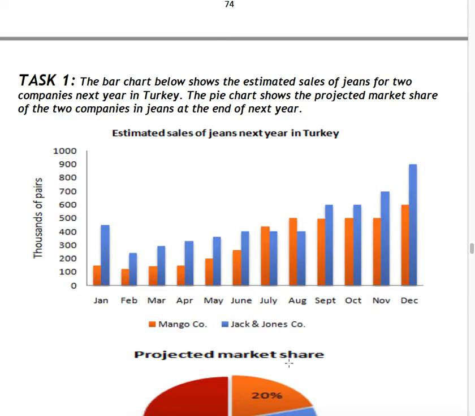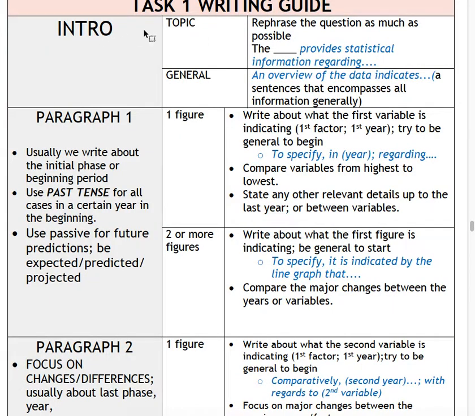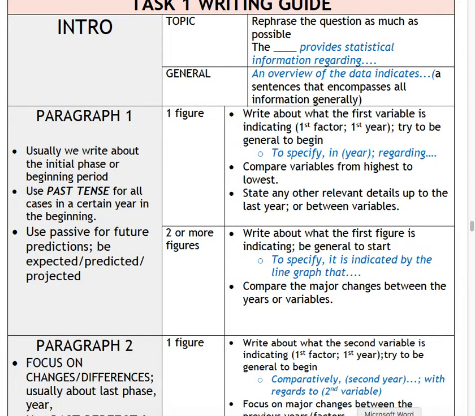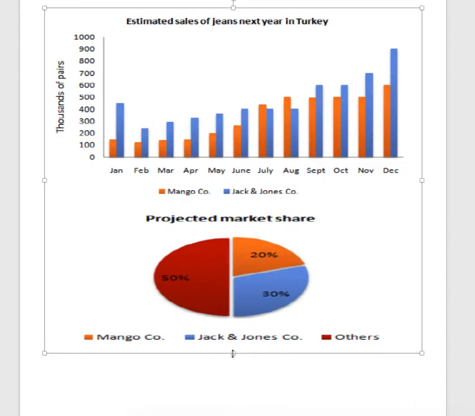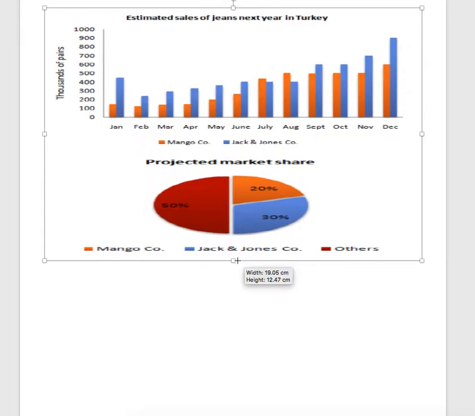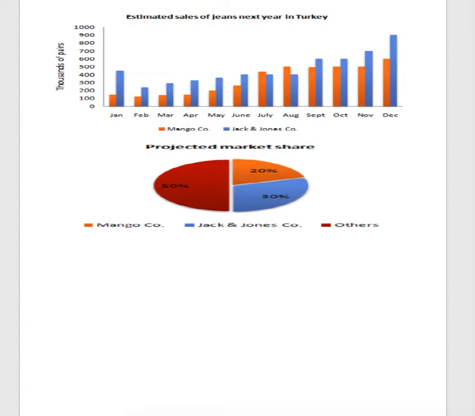Okay then, so I'm just following my guide. So intro, topic sentence. Okay, let's write. I'm going to shorten this a little bit here, make it smaller.